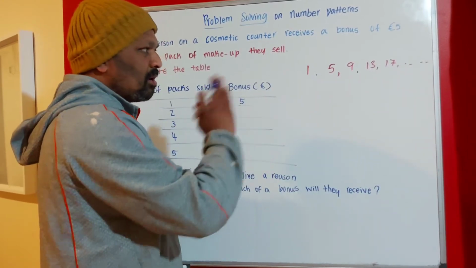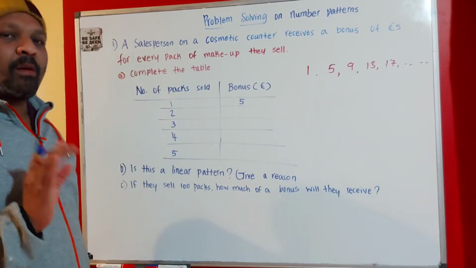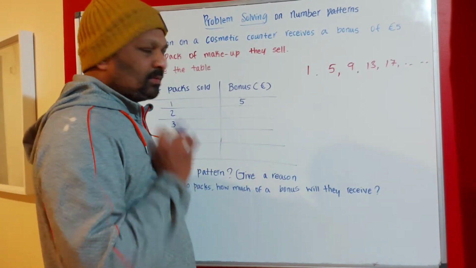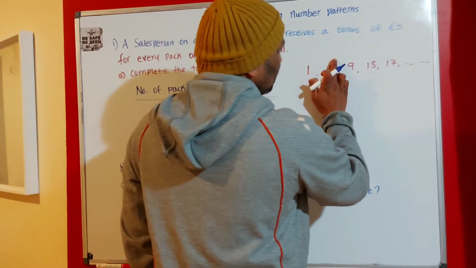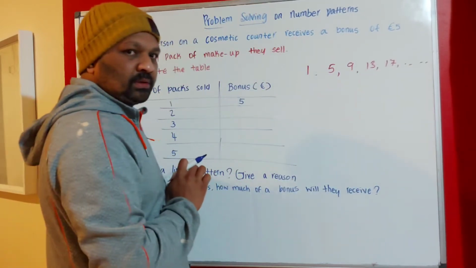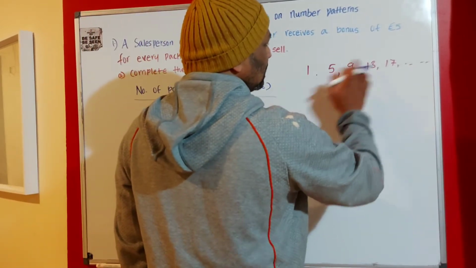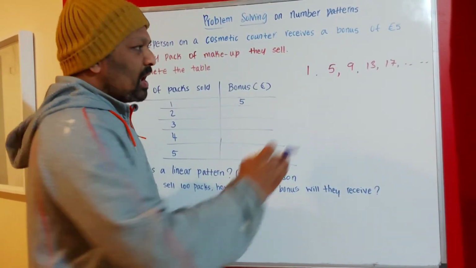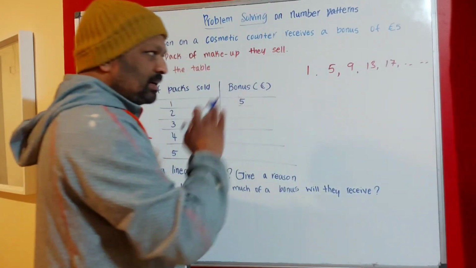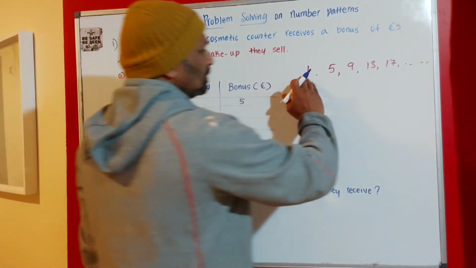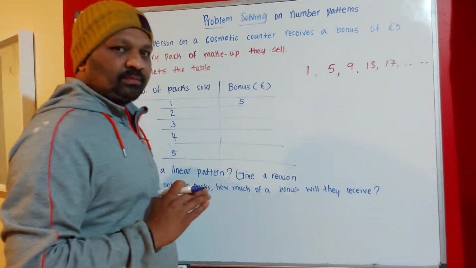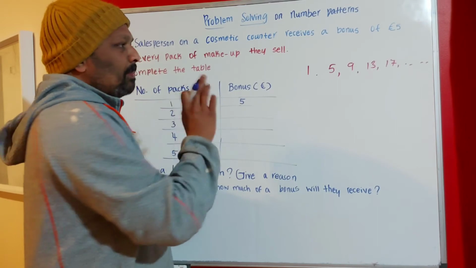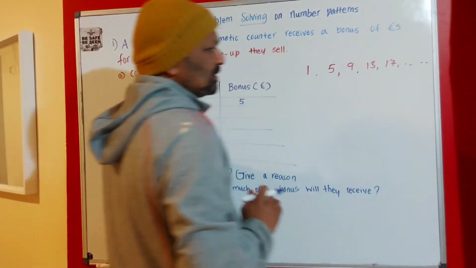Common difference, or CD, is the difference between this and this, this and this, and it goes on. If that difference is common throughout the sequence, then that series is called an arithmetic series.